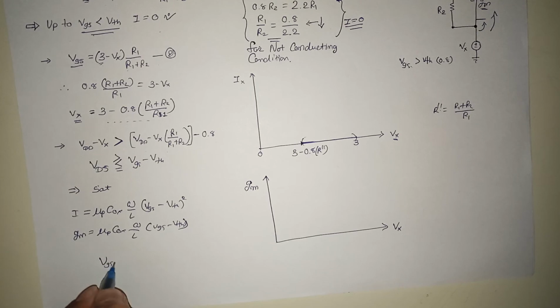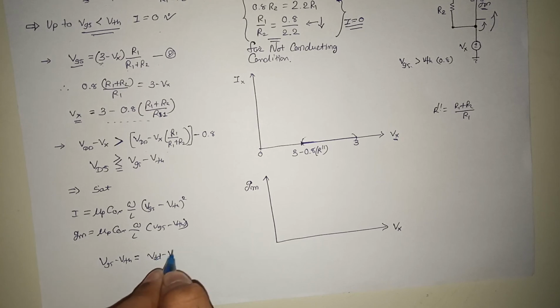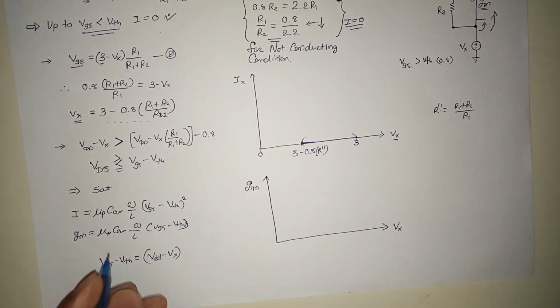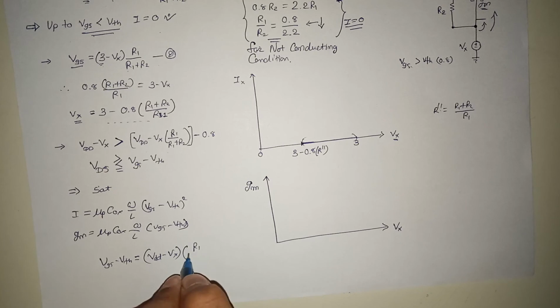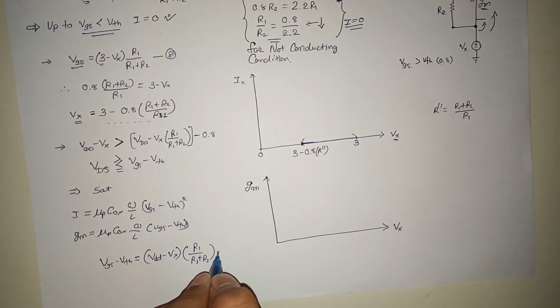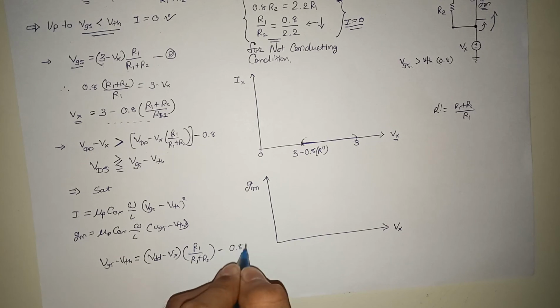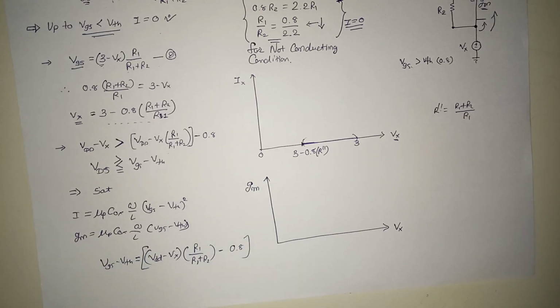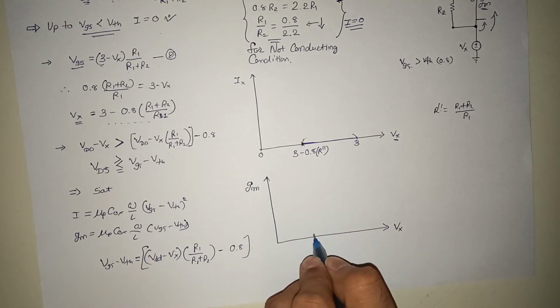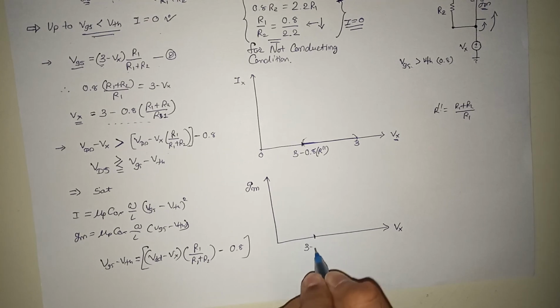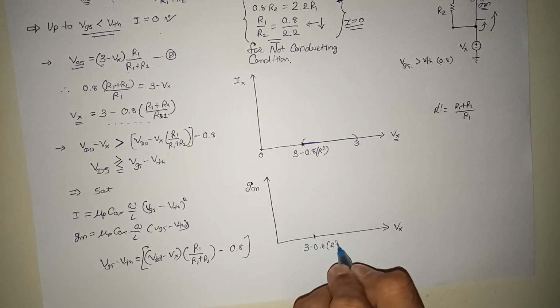VGS minus VTH is VDD minus VX times R1 upon R1 plus R2, minus 0.8. In the same way for gm, that is 3 minus 0.8 R double dash.